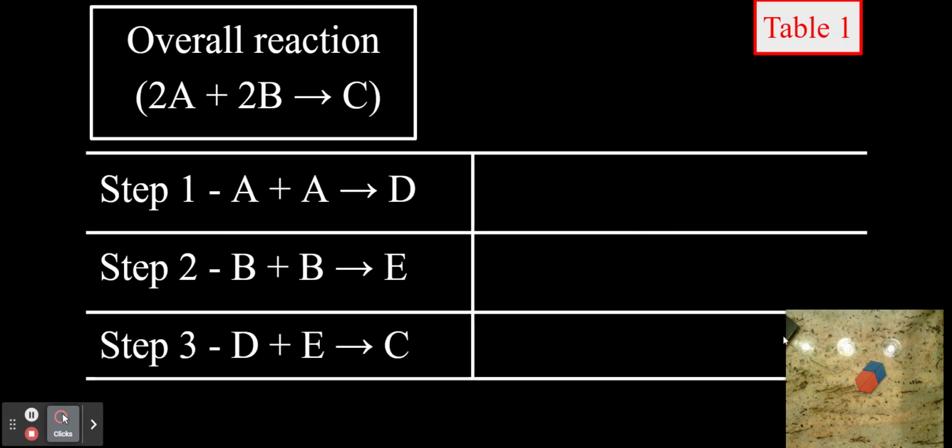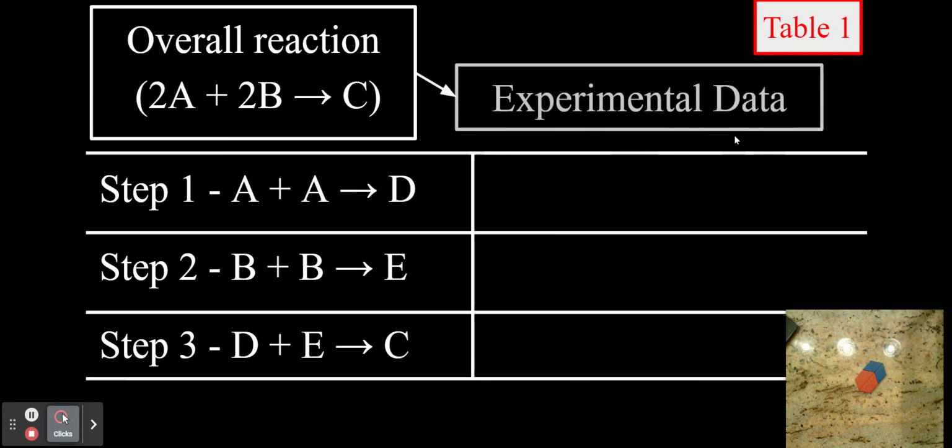Now, to determine the reaction rate or the rate law of the overall reaction, it has to come from experimental data. But for these individual steps, I can look at them and use stoichiometry. If I double the concentration, that should double the rate.